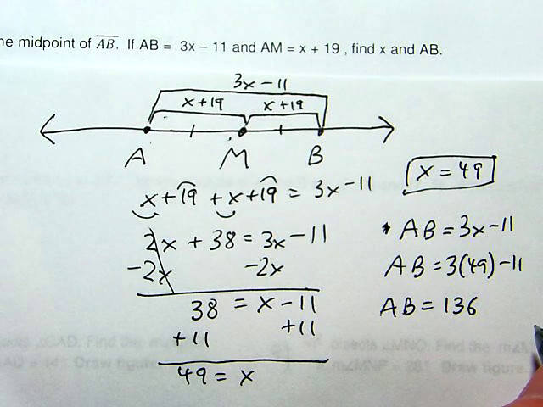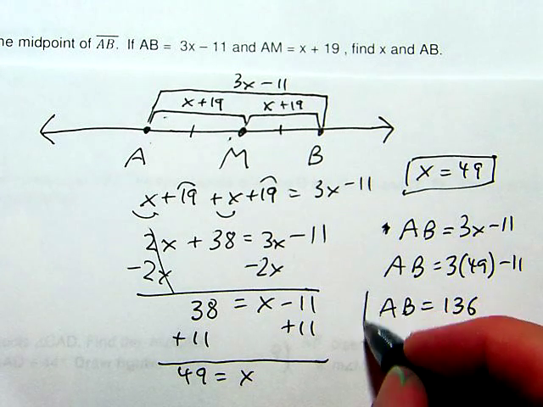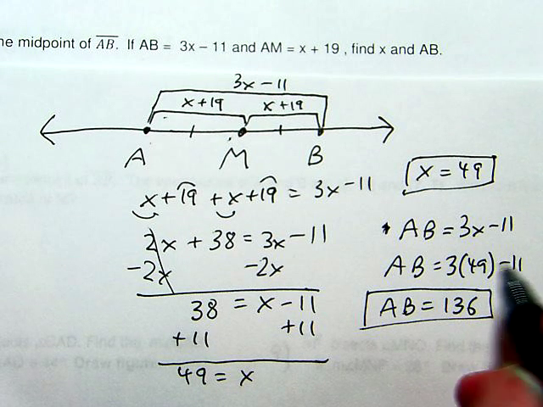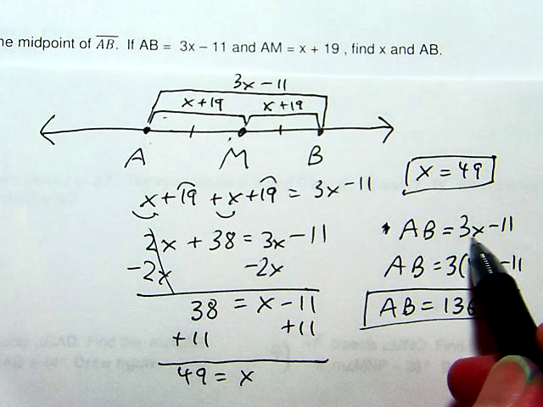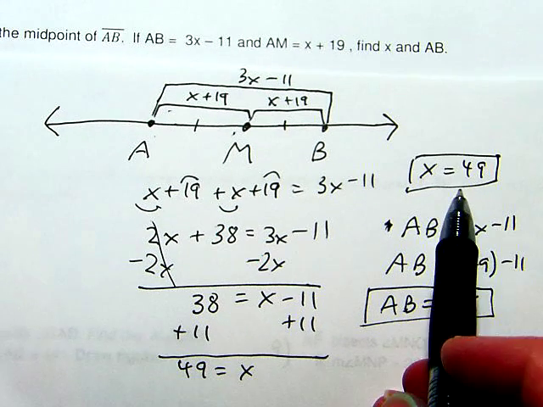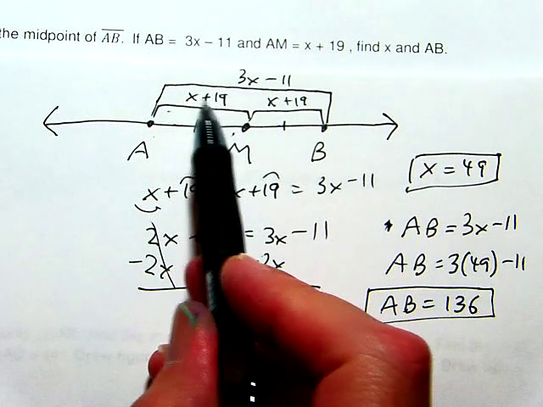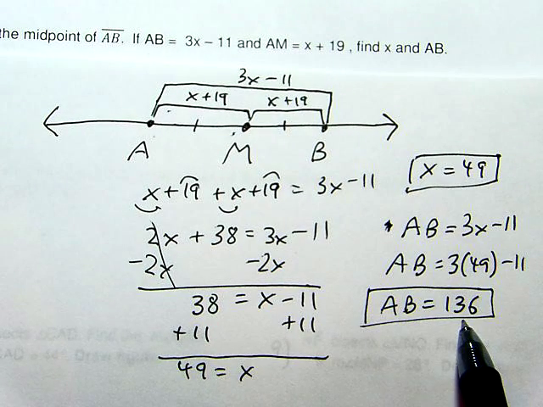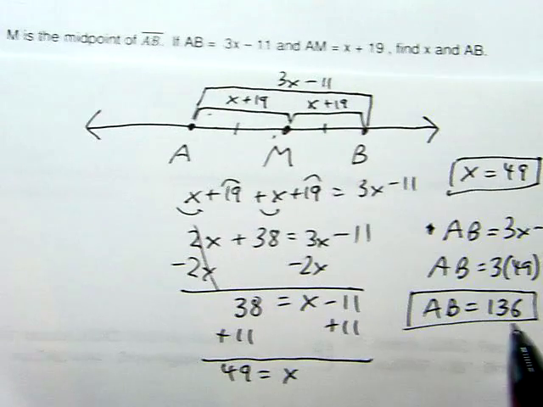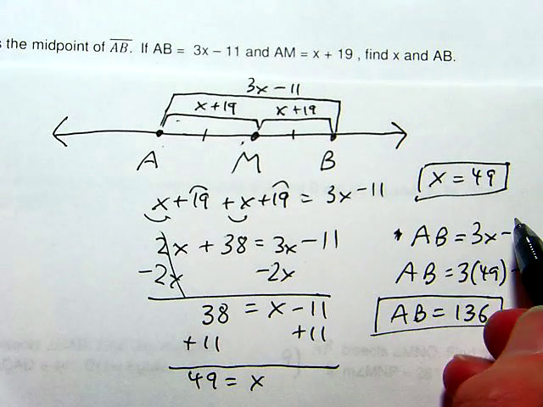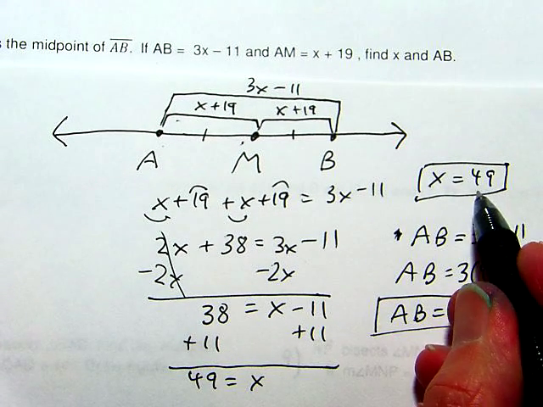Okay, good. We're done. It might be a good idea to double check, because we want to make sure we've got the right answer here. And one way to double check, since we used 3x minus 11 to do our calculations, is to plug x into the other expression, which is x plus 19 and x plus 19. Those two should also add up to 136. So let's just take a look at that. x plus 19 is 49 plus 19, which is 68.